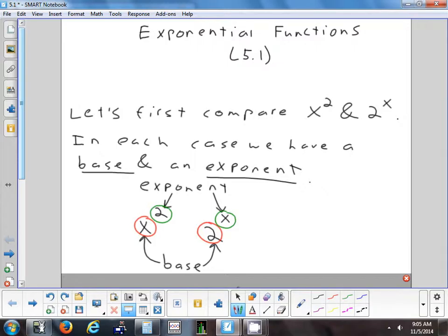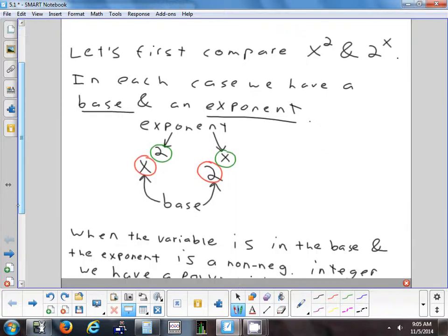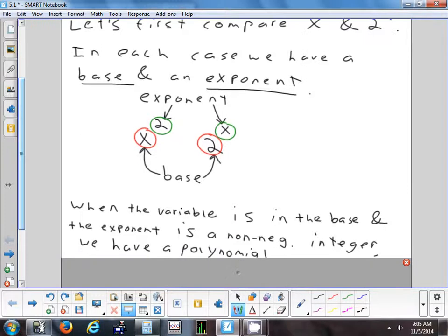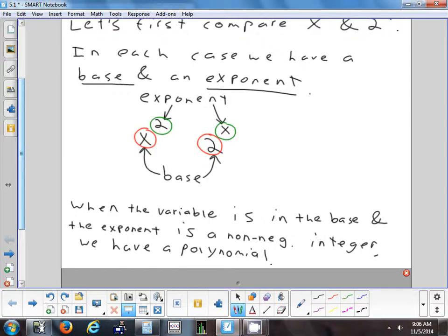Basically, we're transitioning from having numbers as our exponents, which we had with polynomials, to having variables as our exponents. We've already studied the kind of problem where your variable is in the base and your exponent is a non-negative integer.